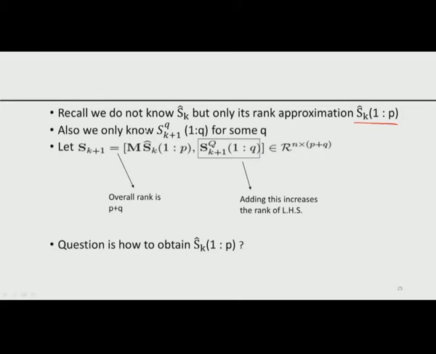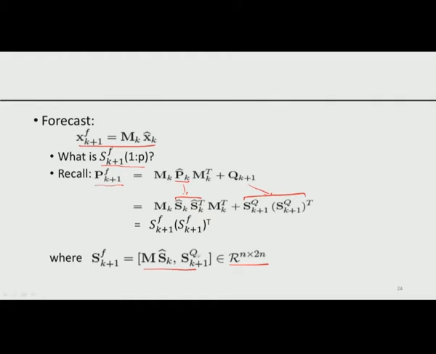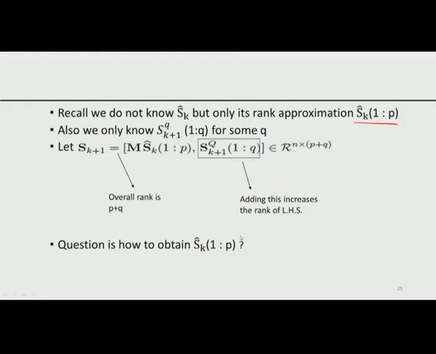We also know, one more, this is the square root of the model noise covariance. We may only know the rank q of this, and I may only know the rank p of this.